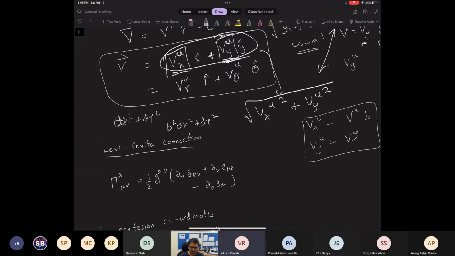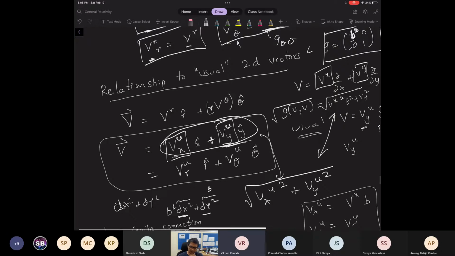That is, if I move 1 unit in dy, that is equivalent to moving 1 by b units in dx. Or alternatively, 1 unit of dx is equal to b units of dy. They'll both give me the same distance measure. So the metric really is giving you that information about the distance measures, and it's relating them to your coordinates.